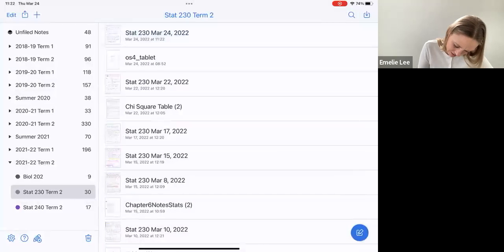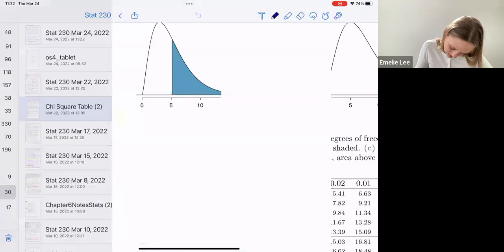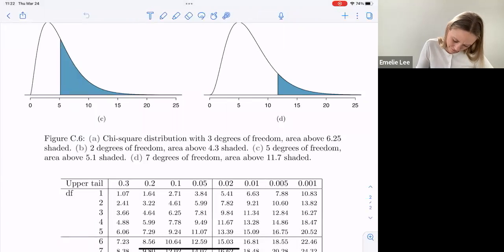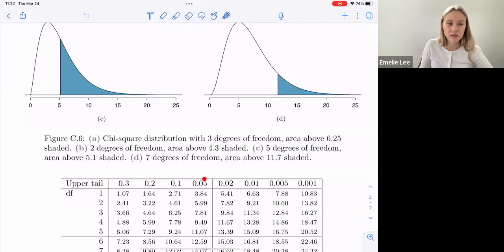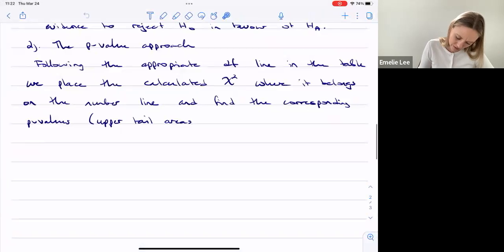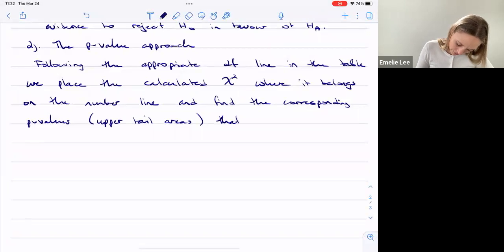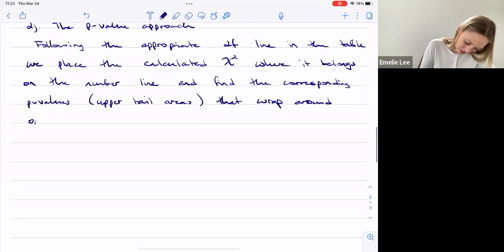So the upper tail, these are p-values, to find the corresponding p-values that wrap around our calculated chi-squared.